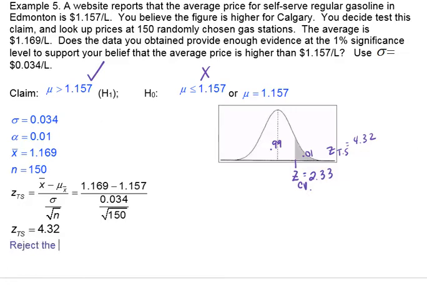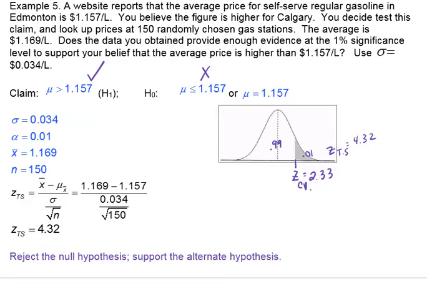So reject the null hypothesis. Also says support the alternate. And remember, we're doing this because the test statistic is in the critical region.